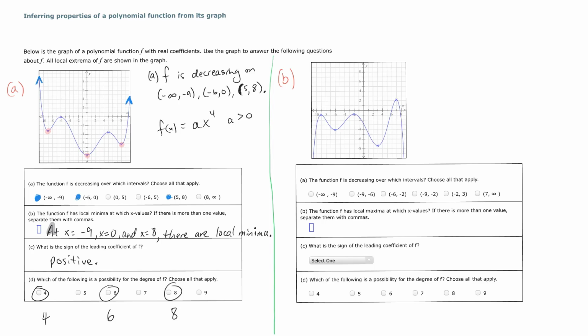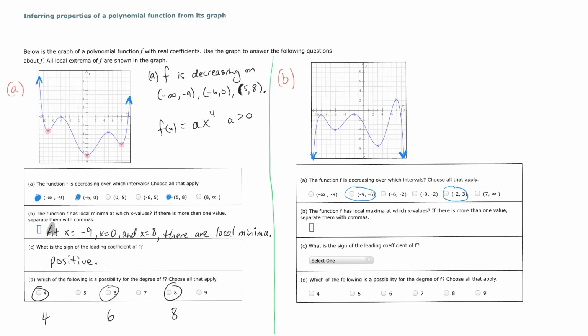First thing you want to do is actually redraw this graph on your own sheet of paper and make sure you draw arrows at the end of a polynomial to match the domain and range. For decreasing intervals here, we have quite a few intervals. If you're reading the graph from left to right, you're going to see that it's going for these two intervals here.